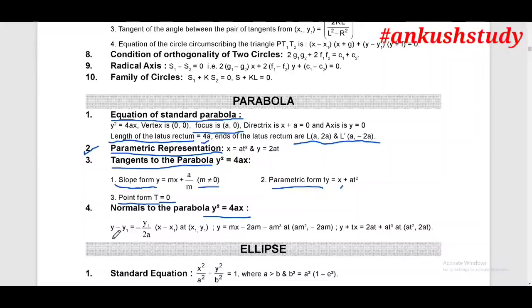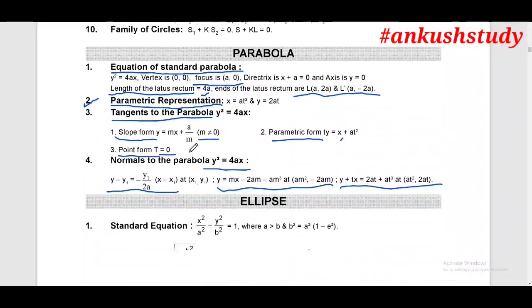Okay, and this is the formula also. y − y1 = −(y1/2a)(x − x1) at (x1, y1), and the next one is y = mx − 2am − am³ at (am², −2am), and the third one is y + tx = 2at + at³ at (at², 2at).